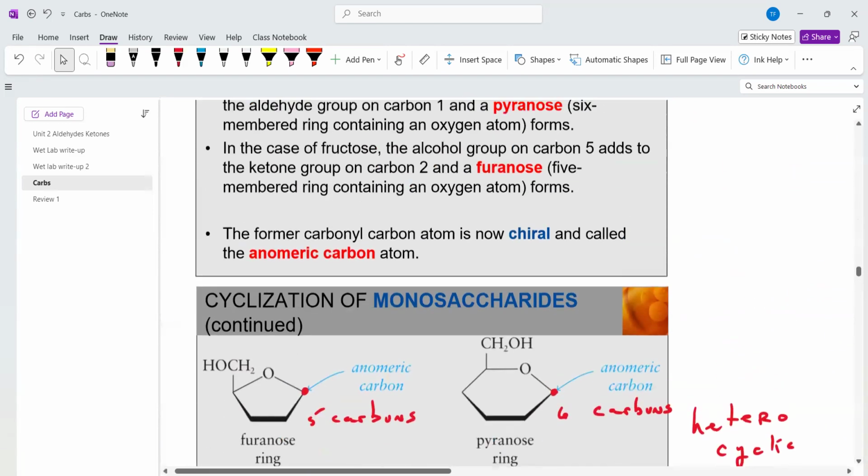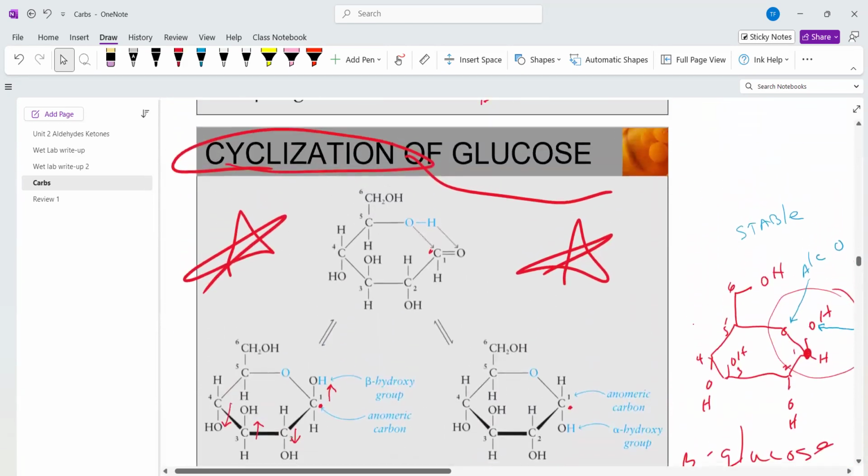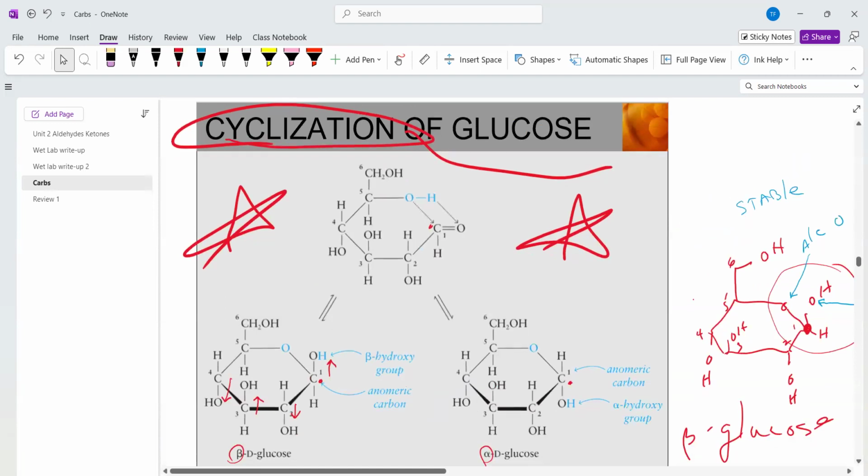So as a review, if we go back up to glucose, there's the aldehyde. Hence the positive Benedict's test.